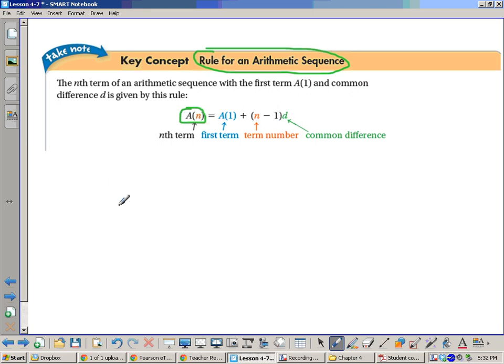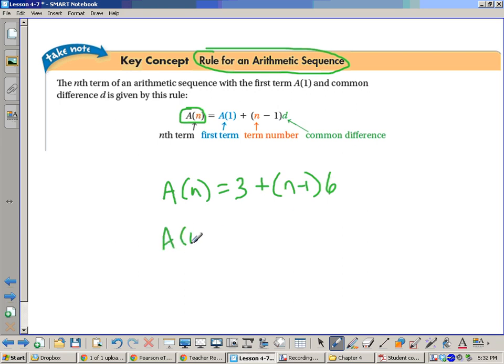So if we had to write an arithmetic sequence for the sequence that we just did, we would have to identify the first term, which if you remember, that was 3, plus n minus 1 times 6. 6 was our common difference, is what we were adding.